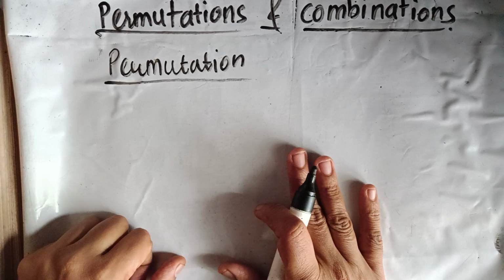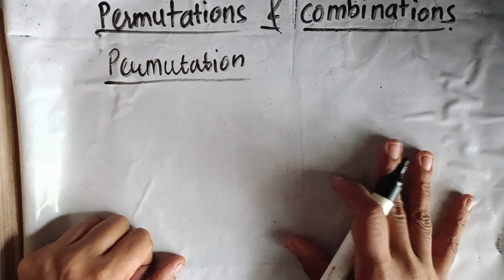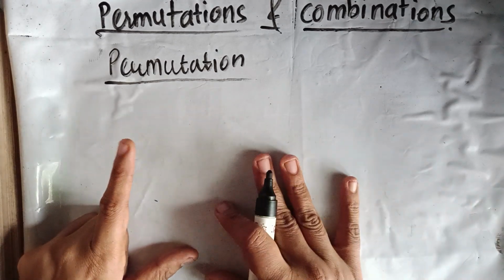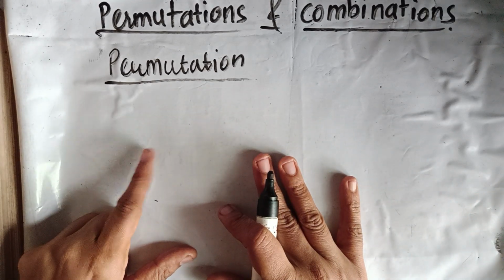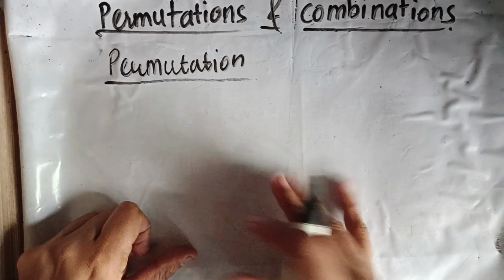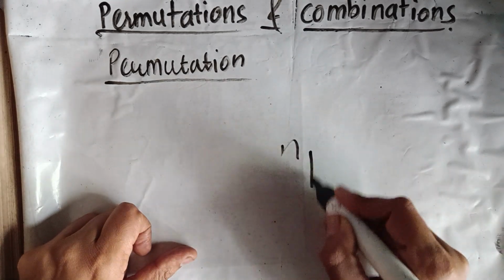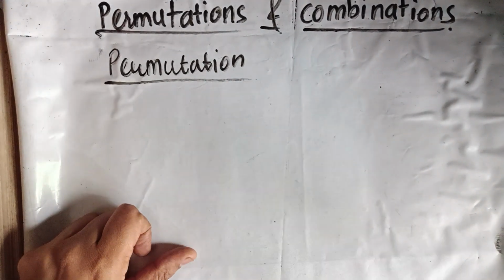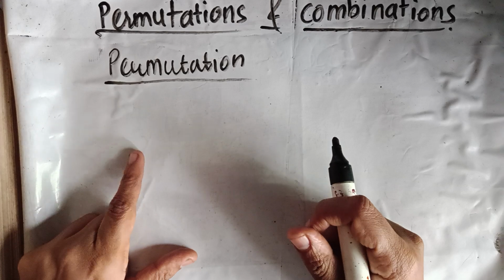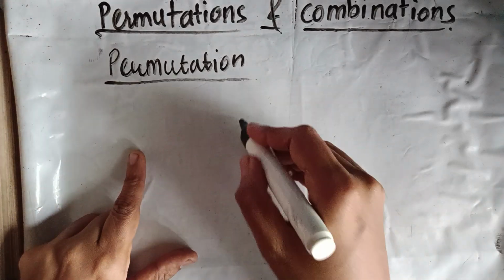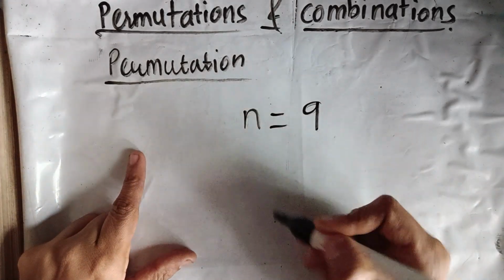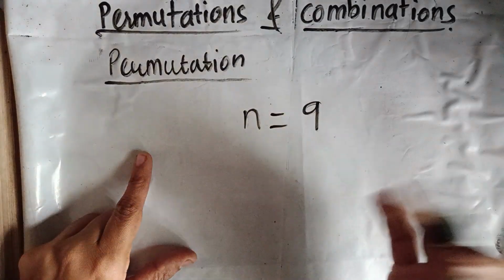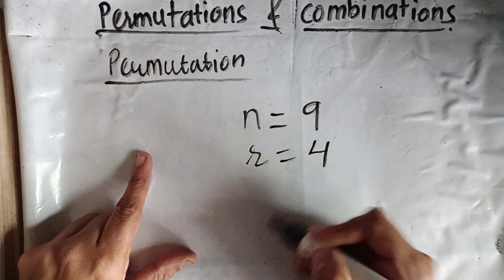Next example: how many 4-digit numbers can be formed by using the digits 1 to 9 if repetition of digits is not allowed? If the repetition of digits is not allowed, then you have to use this formula nPr. The total number of digits available is 1 to 9, so n is 9, and we have to form a 4-digit number, so our r becomes 4.